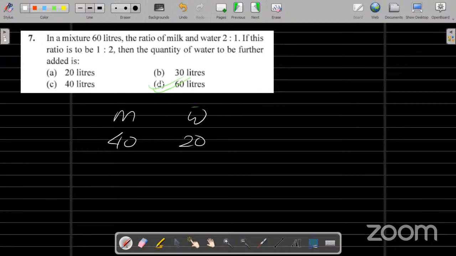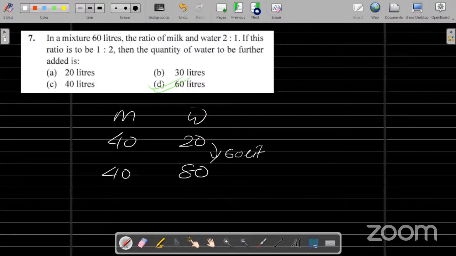The milk remains the same as 40 liters, and milk to water being 1:2 means the quantity of water should be double that of milk. So it should be 80 liters. For that to happen, we have to add 60 liters of water. That is the answer. So it's a question that can be answered even before you open the pen, right?